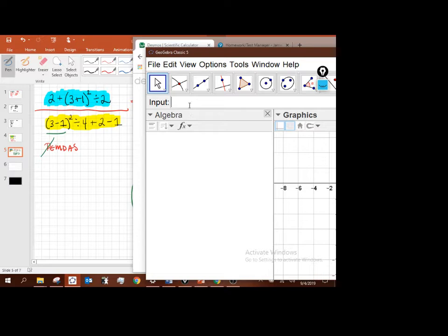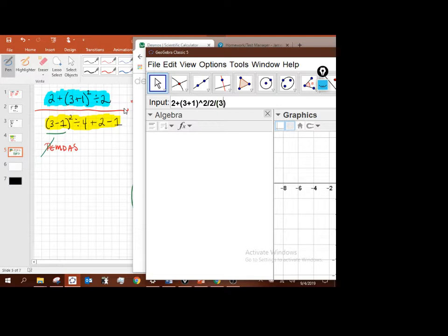So I want to type this thing in. This is as if you've got one of those red calculators over there, and you just start pushing buttons. So I go 2 plus parentheses 3 plus 1, I raise that to the second power, I divide it by 2, right? And now I need another division bar, which will be this red one, correct?